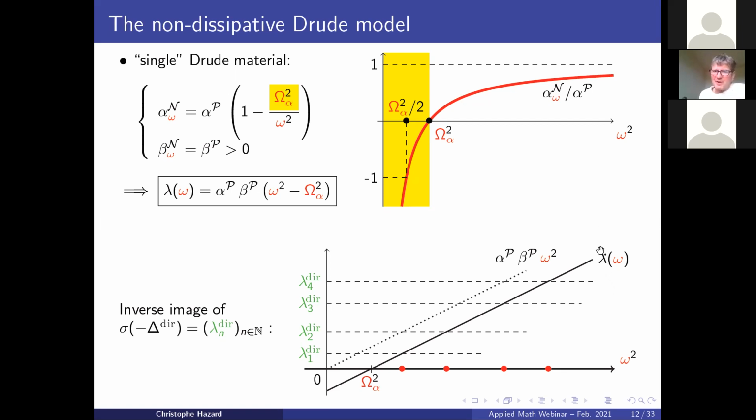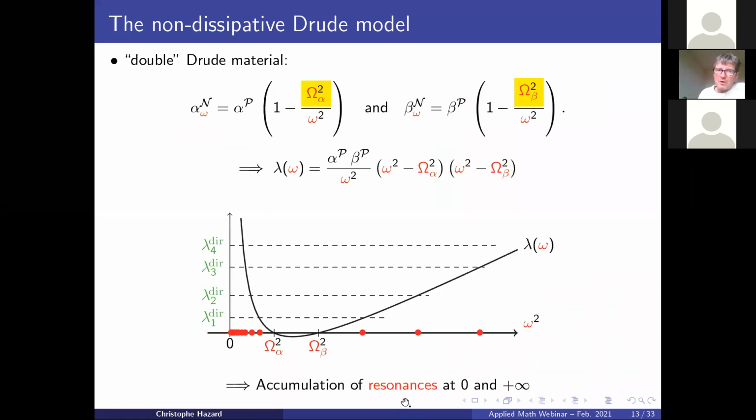And so if I want the inverse image of the spectrum of minus the Dirichlet Laplacian, I just have to put my eigenvalues here on the y-axis, and I obtain the values of omega squared here, which are indicated by red points. That's very simple, because lambda(omega) is a linear function of omega squared. And we see that in that case, there is nothing really interesting. We have an accumulation only at infinity.